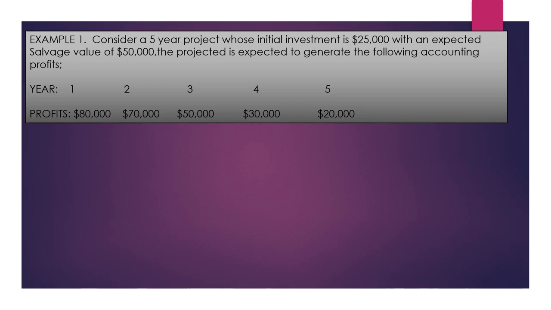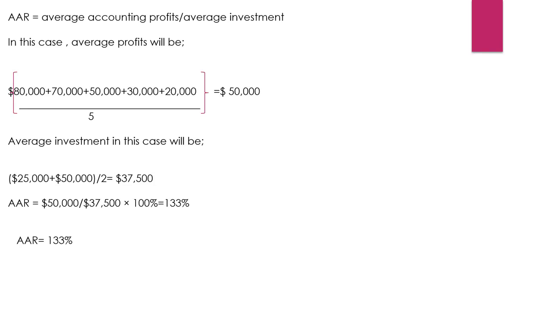So we want to know what is the accounting rate of return. Remember I said for the accounting rate of return, you add all the profit, find the average profit, divide it by the average investment, then multiply by 100%. So the average accounting profit is the total profit for the whole period.